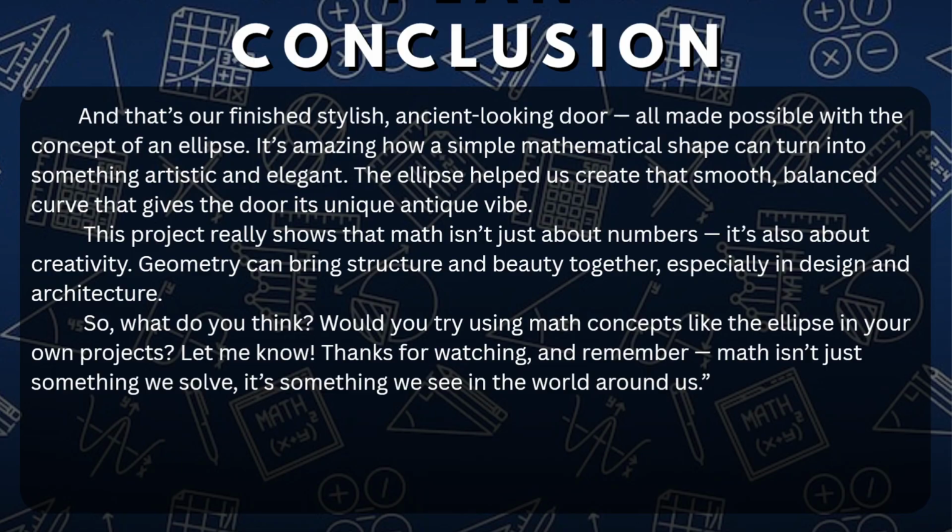This project really shows that math isn't just about numbers. It's about creativity. It's about your mind. It's about going beyond what is set, or beyond what is expected. Geometry can bring structure and beauty together, especially in design and architecture.